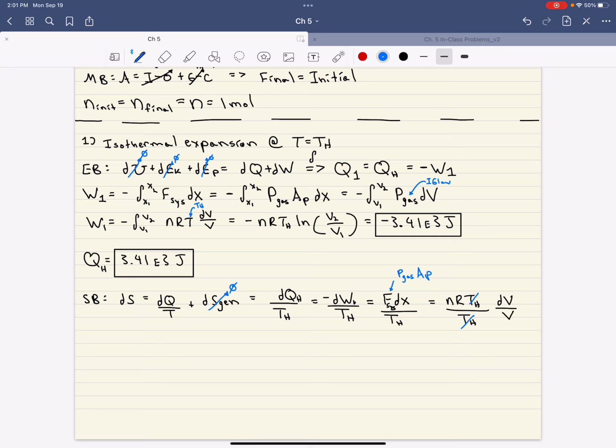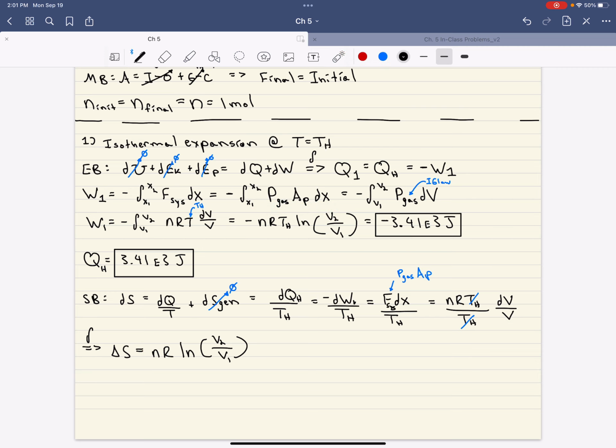So the temperatures are going to cancel out here, and what we're left with is that dS is just equal to nR dV over V. If we integrate, we get that delta S is equal to nR ln of V2 over V1. It's essentially just the negative of our work result, except now we're dividing by TH.